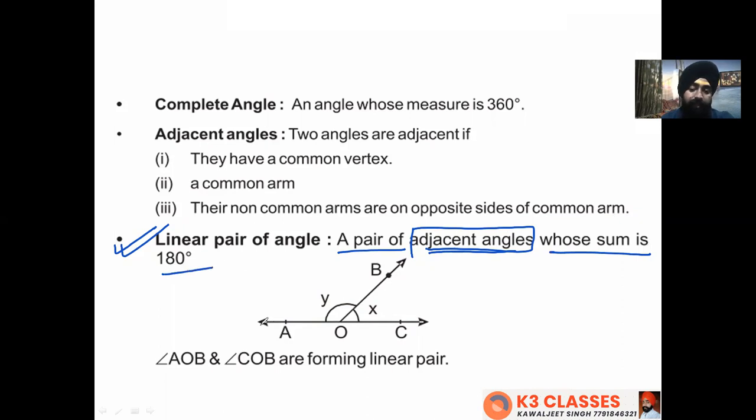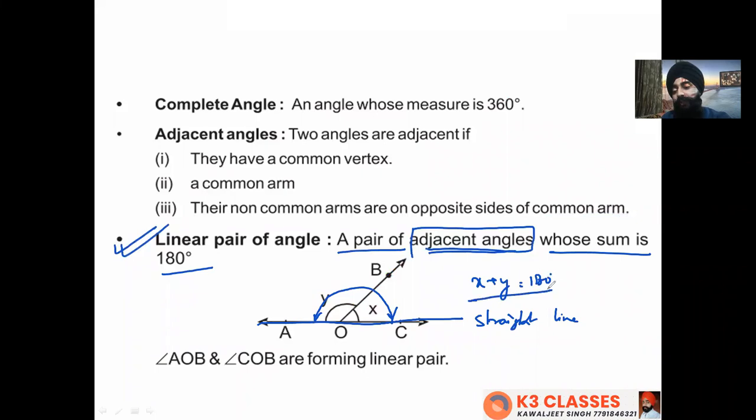Now you are able to see that AOC is a straight line, and on a straight line there is a straight angle, which is 180 degrees. X and Y are adjacent to each other, so we can say that X plus Y is equal to 180 degrees. So if the sum of adjacent angles is 180 degrees, they are a linear pair of angles.